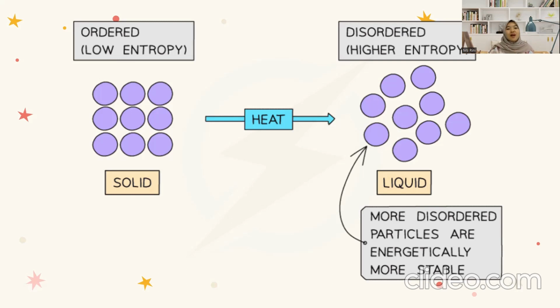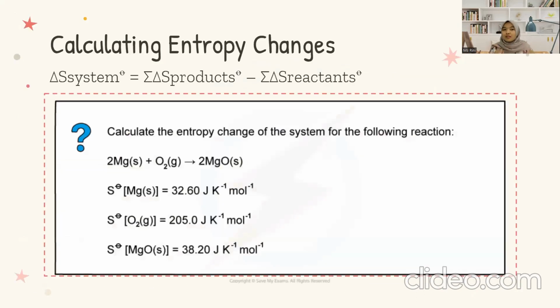Okay, so that's for the simple chemical reaction. But you know, we have really a lot of chemical reactions. We can actually calculate how much entropy there is for that reaction. So you can use this formula to calculate the entropy changes. Okay, let's practice, guys. This is the formula to calculate the overall entropy. We name it delta S system.